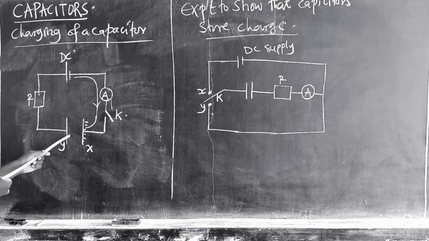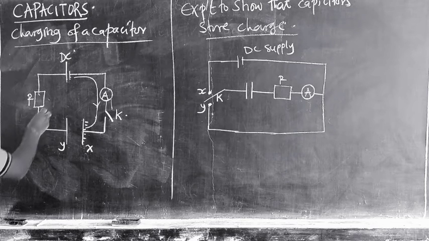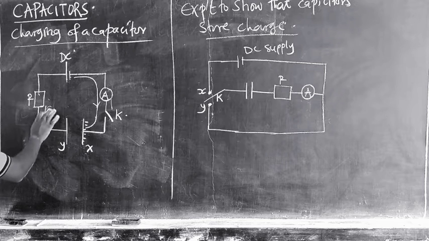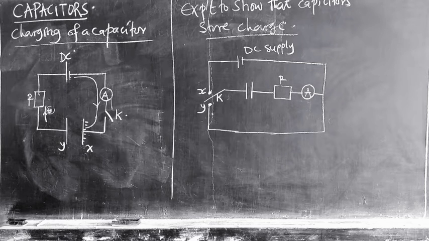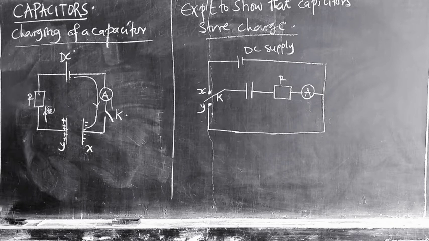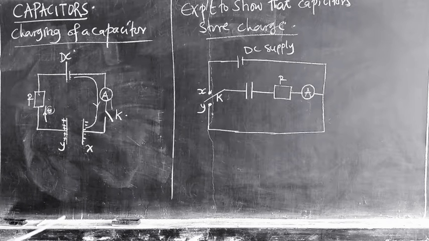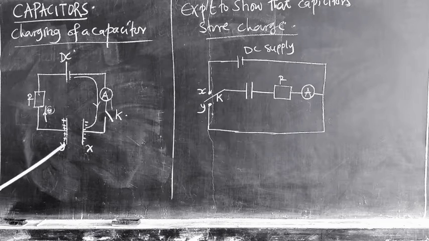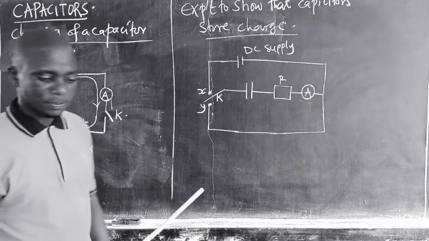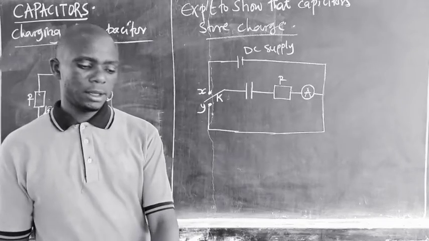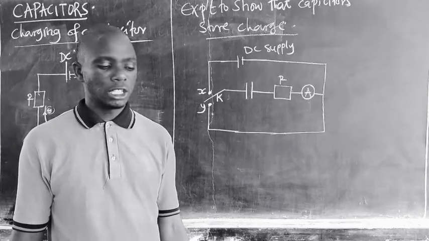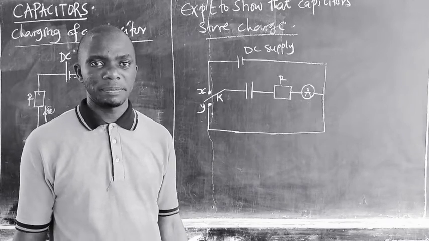As the electrons leave this plate, we shall remain with the excess of positive charges. Therefore this plate Y is charged positive, and this plate X is charged negative. That is simply the process of charging of a capacitor.